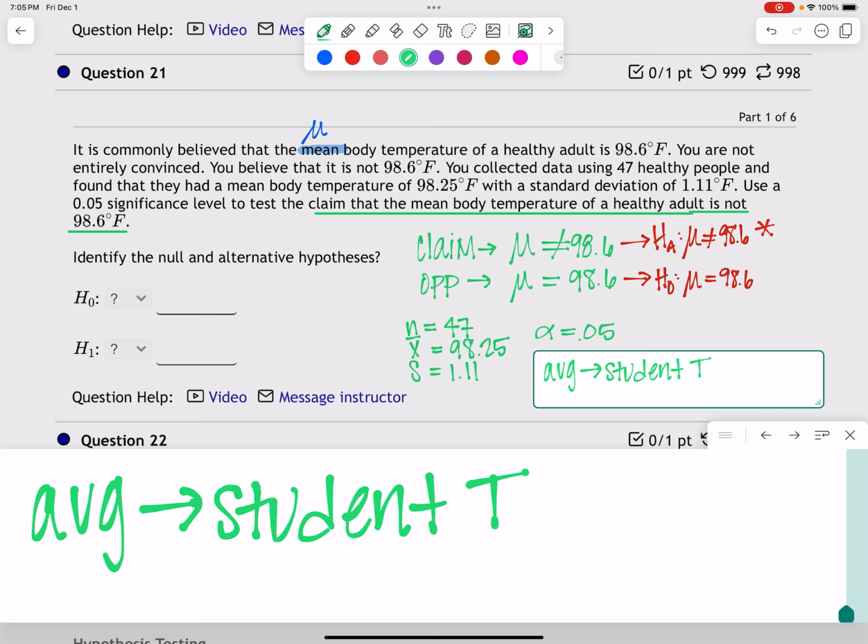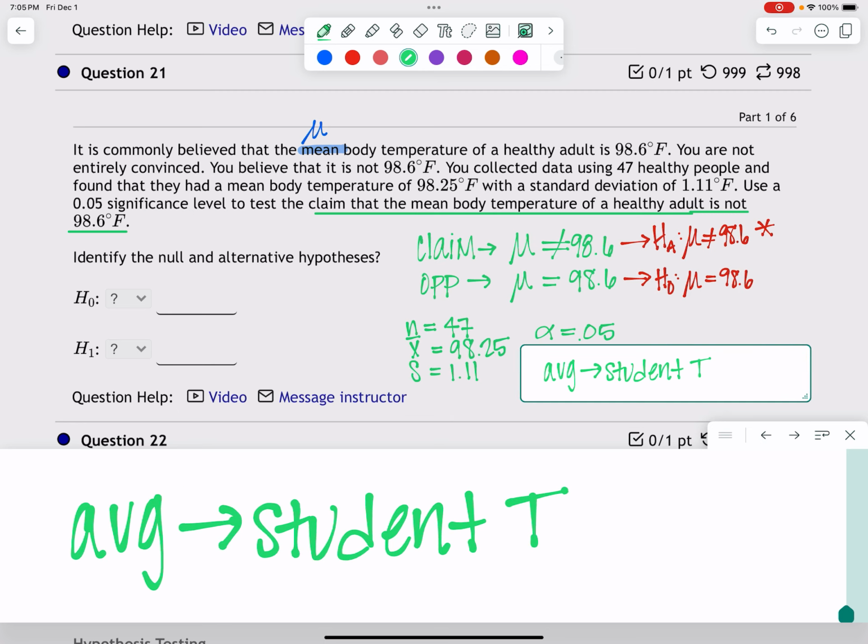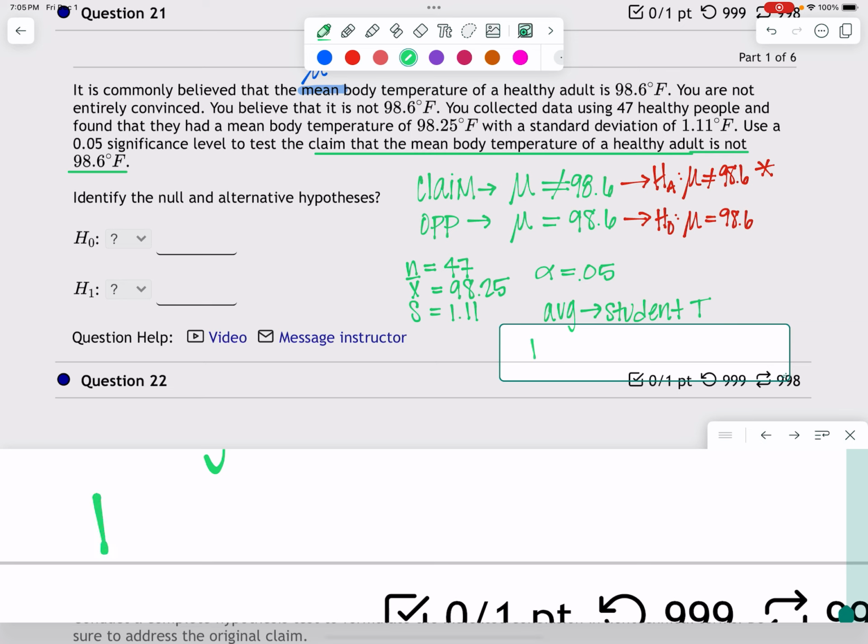We're going to do a hypothesis test for mu, where my null hypothesis was that mu is equal to 98.6. HA says it is not equal to 98.6, and I'm going to compute. That gives me a p-value of 0.0359.